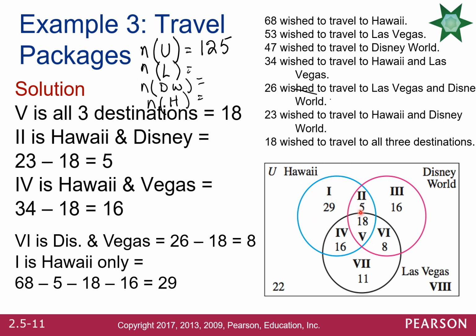So 1, 2, 5, 4, and 5, they are all within the blue circle, which represents Hawaii, correct? So even though here it says 68 wish to travel to Hawaii, we have to eliminate the 5, the 16, and 18. We have to subtract that, and that's what they do here, 68 minus 5 minus 18 minus 16 for a value of 29.